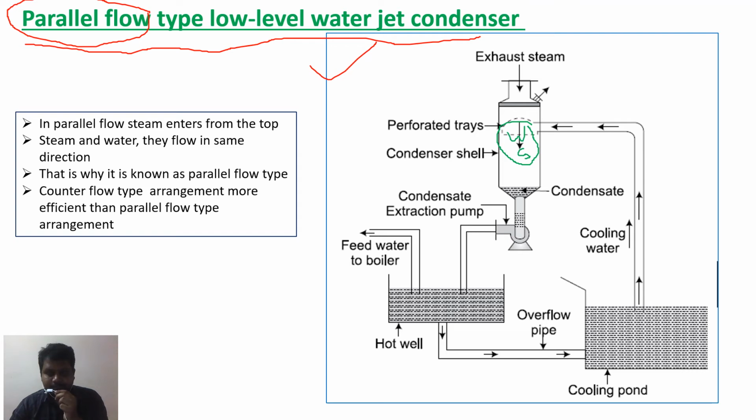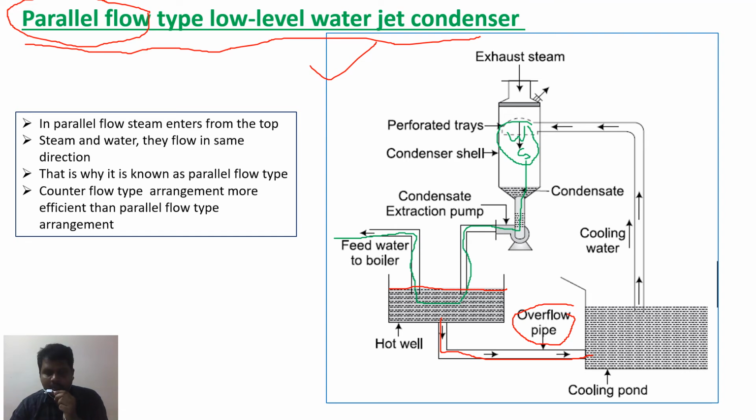After contact between the steam and water, the condensate will enter the hot well. From the hot well, the condensate will be sent to the boiler. Here also, like the previous case, to maintain a constant level, this hot well is connected to an overflow pipe. If there is any extra condensate in the hot well, that will be sent to the cooling pond.